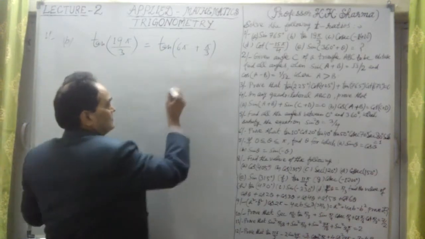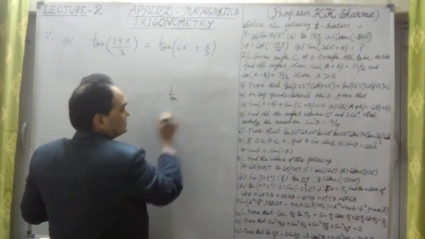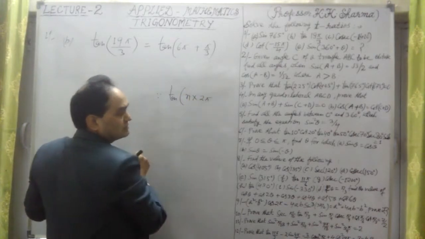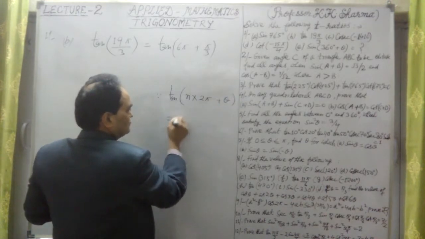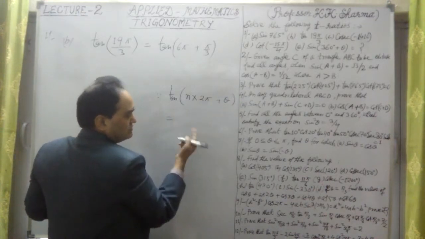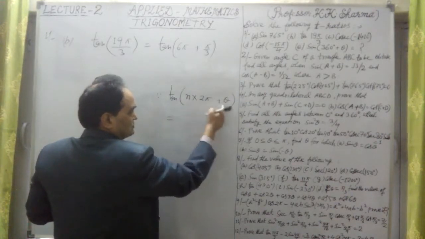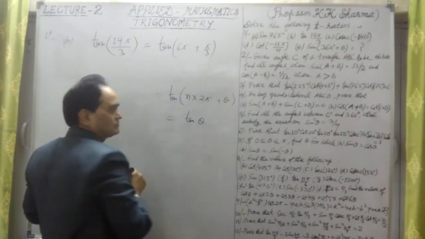Now we know that tan of n into 2 pi plus theta, where 2 pi plus theta comes in the first quadrant, and in the first quadrant all values are positive, is tan theta only.